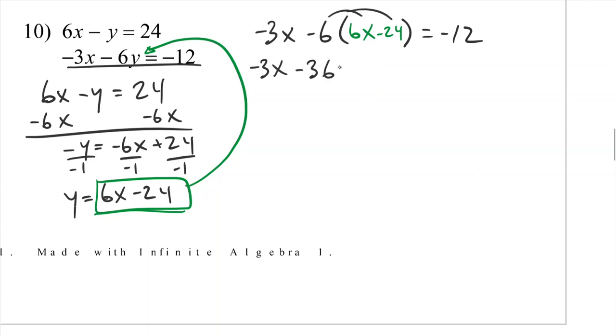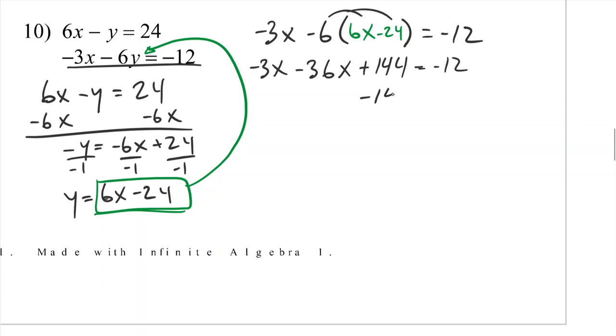That makes negative 36x, and negative 6 and negative 24. Well, negative 6 times negative 24 would be 144. Positive 144 equals negative 12.